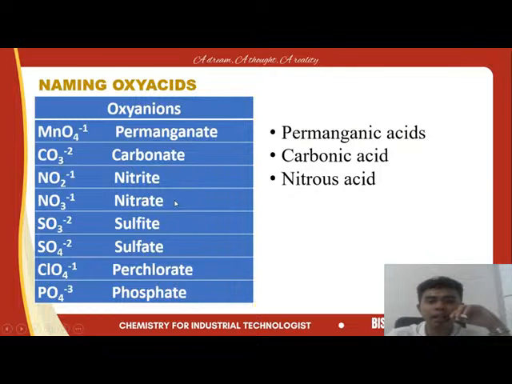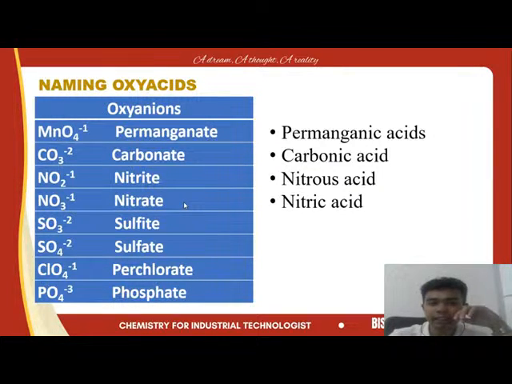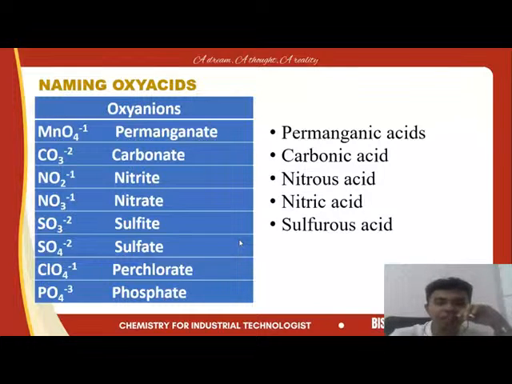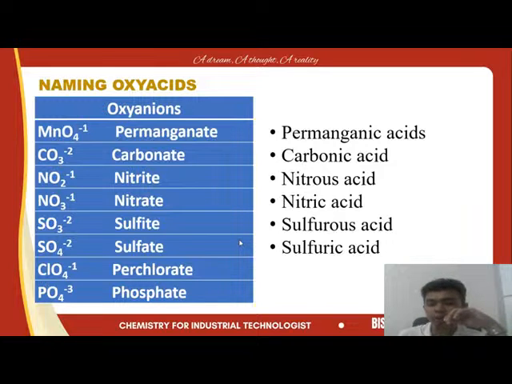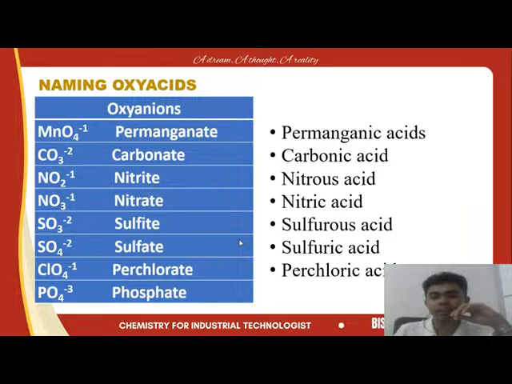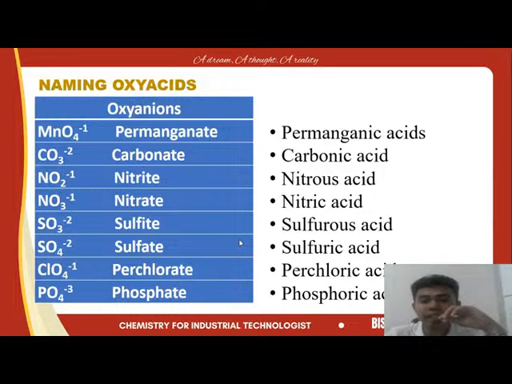This one, nitrate, ends with ATE. It becomes nitric acid. Sulfite becomes sulfurous acid. Sulfate, sulfuric acid. Perchlorate, perchloric acid. And phosphate becomes phosphoric acid.